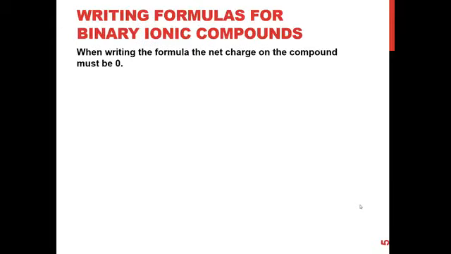When we talk about writing formulas for binary ionic compounds, there is one golden rule. And that is, when writing the formula, the net charge on the compound must be equal to 0. You'll see this rule over and over again as we discuss naming and writing formulas of various types of ionic compounds.